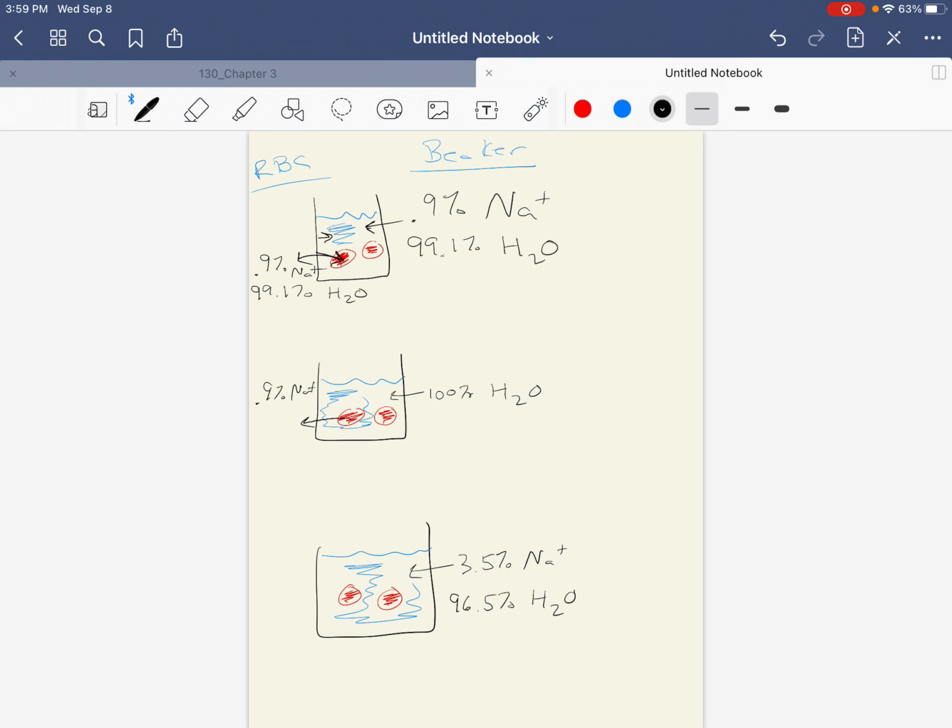Same thing here. These are the same red blood cells, 0.9% salt, 99.1% water. And then, of course, here it's the same thing, 0.9% salt, 99.1% water.